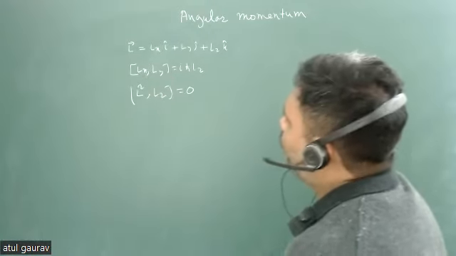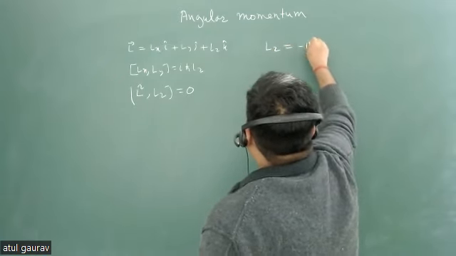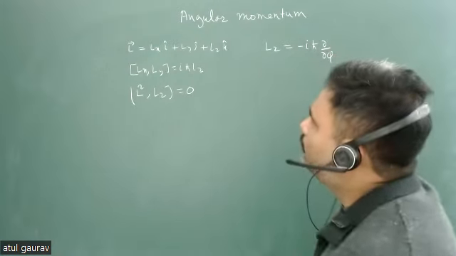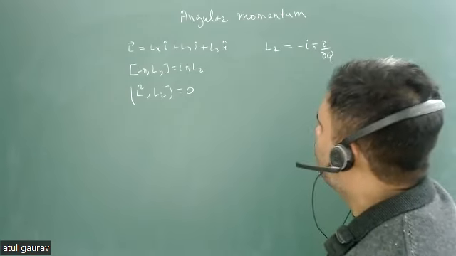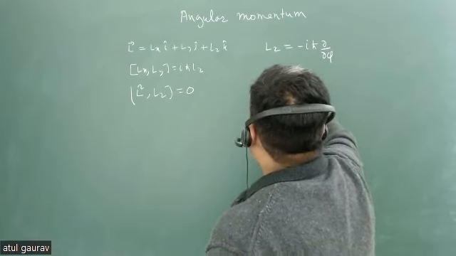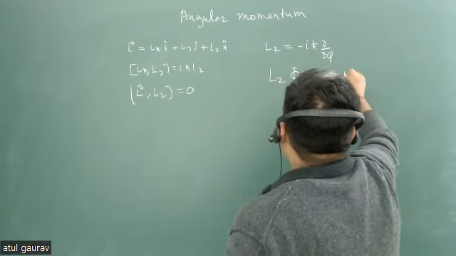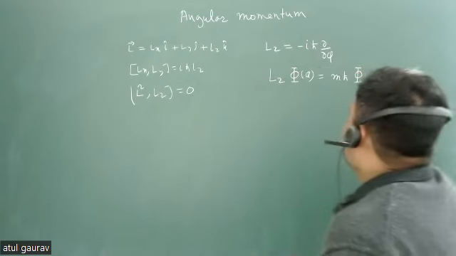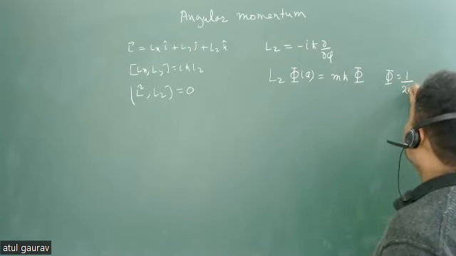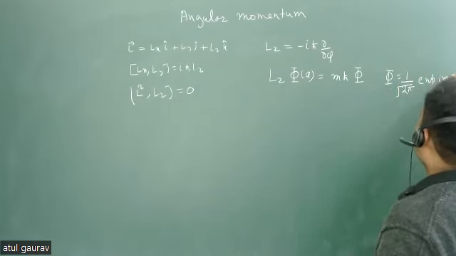We already found our Lz operator as minus i h cut del upon del phi if you are transforming everything into spherical polar coordinates, and we have found Lz operating on phi, a function of phi, is equal to m h cut phi, where this phi is nothing but 1 upon root 2 pi exponential i m phi.